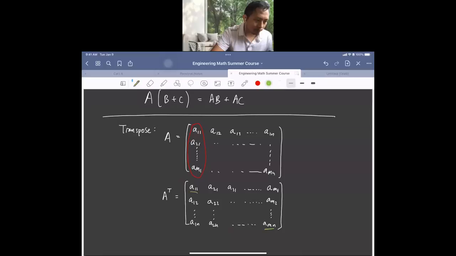Notice that the left top and the bottom right are still the same, but the other part is going to rotate and exchange.